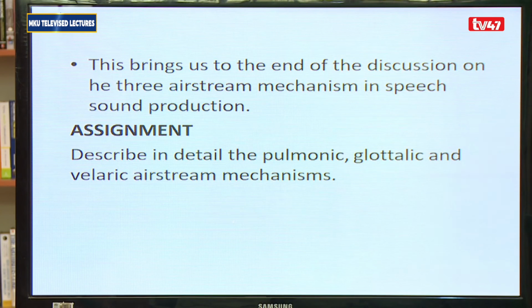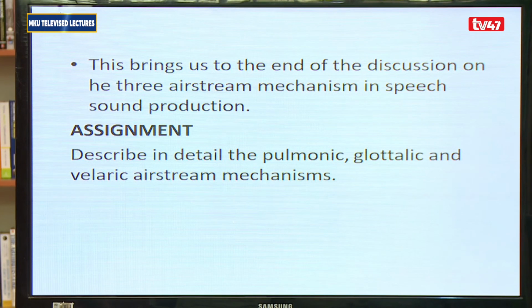So far, we have discussed three types of airstream mechanisms. We have talked about the pulmonic mechanism, initiated in the lungs, the glottalic mechanism, initiated by the glottis, and the velaric airstream mechanism that is initiated by the tongue.